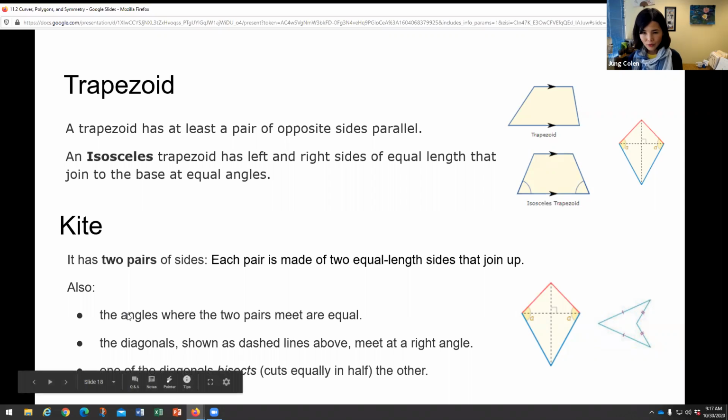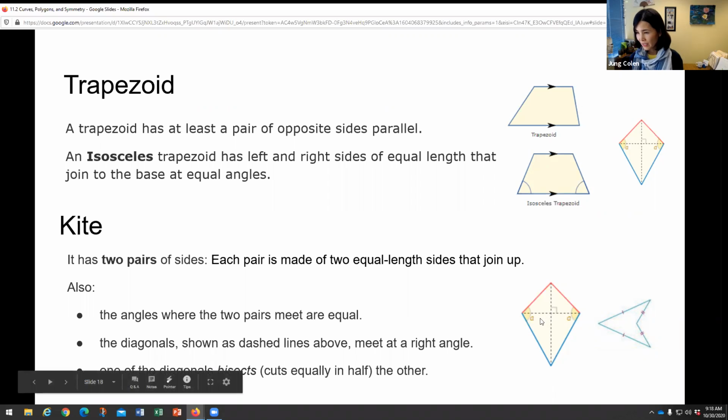Okay, and I have also put several properties here. The angles where the two pairs meet are equal. So this pair and that pair meet here and there, right? So this angle and that angle have to be equal. And the diagonals of the kite meet at a 90-degree angle. So they're perpendicular. Another thing is bisecting.